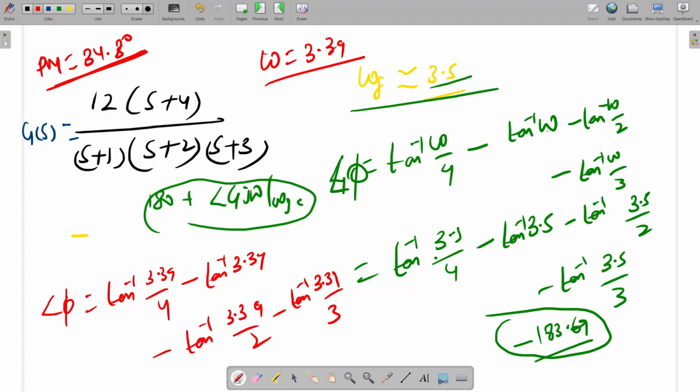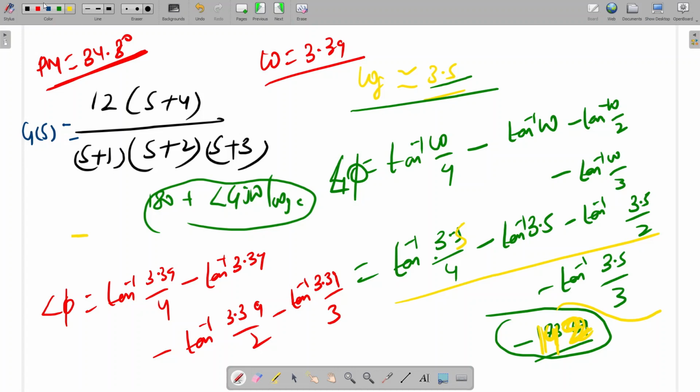I think some mistake I have done here. What I have written is correct, and 3.5 by this equation is correct now. Can you reply? Yes, sir, it's correct. So the calculation was wrong. Maybe I did the wrong calculation in the calculator. So minus 142 we are getting, correct.